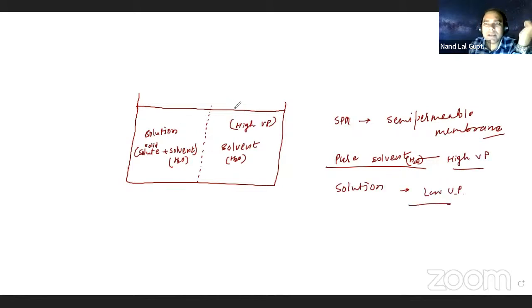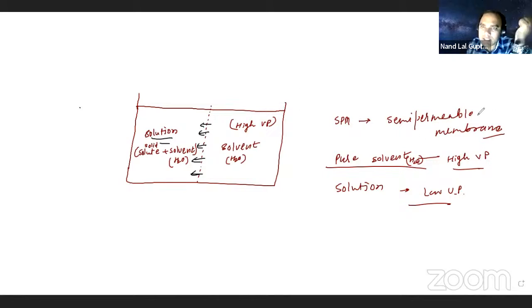To maintain the vapor pressure of the total solution, what is going to happen here? The solvent particles will move from the solvent to the solution side, that is, from low concentration to high concentration.